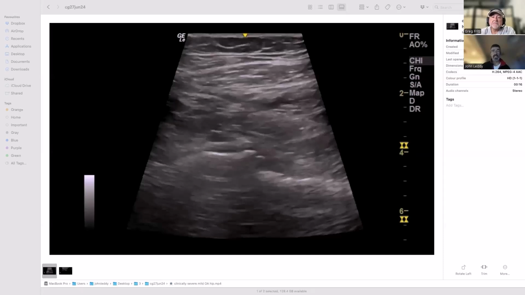But as soon as the symptoms become much more severe, down around the 20 score on the Oxford scale, then they're struggling at night, they're struggling to get up out of a chair, they're struggling to get into a car, and always getting quite severe pain at night.